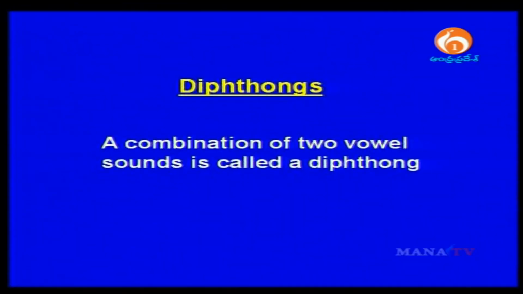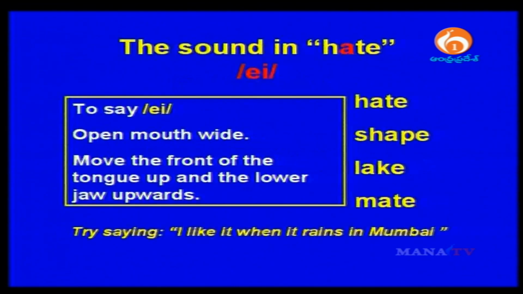Well, friends, this brings us to the combination of two vowel sounds, that is diphthongs. Let's take a look at some of these. A. It's a combination of A and E. Open your mouth wide. Move the front of the tongue up and the lower jaw upwards.